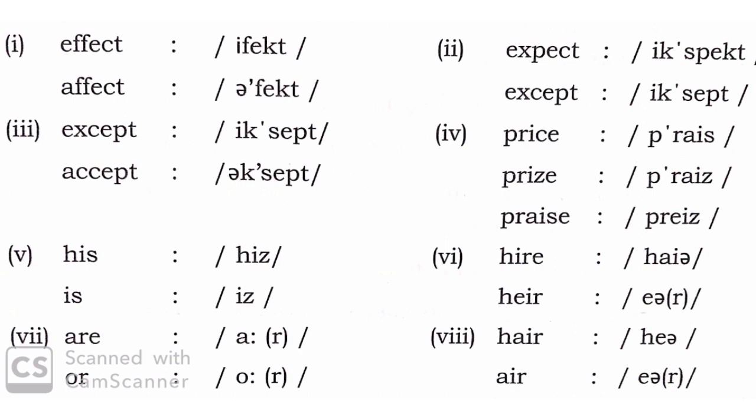And here are examples of phonic words. You can see affect is changed into the phonic sound. Like this, all these words: except, accept, his, is, are, or, prize, praise, higher, hair, air, all the words are completely changed according to the symbols used in the phonic sounds.